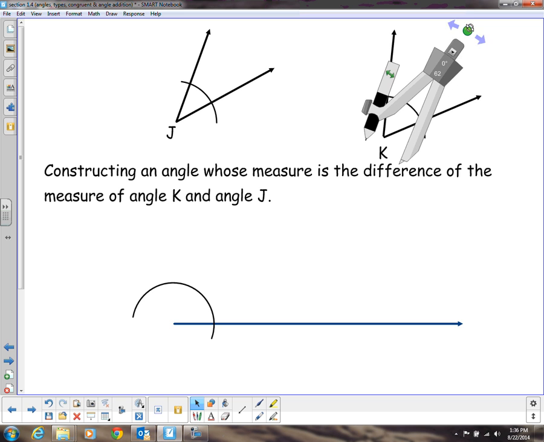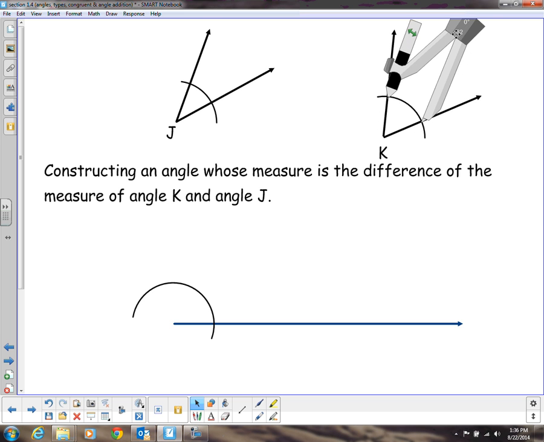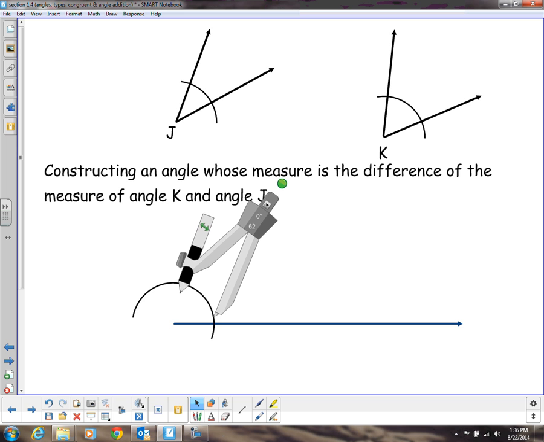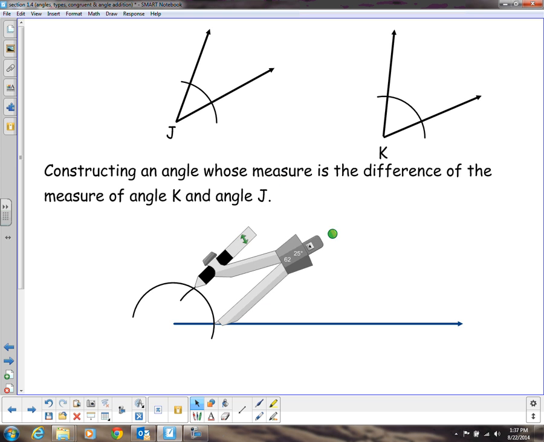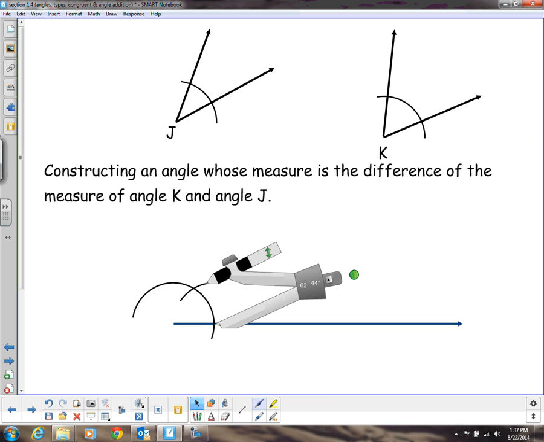There we go. So I've got it. So now I'm going to come down here to this point right there, and I'm going to make an arc. Now this is angle K. From here to here is angle K.